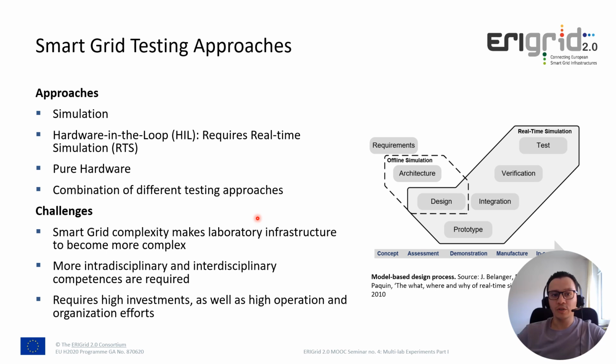Now, as pointed out in the previous slide, smart grid testing imposes several challenges, mainly due to the complexity of the scenarios, which often require intradisciplinary and interdisciplinary competences, in such a way that implementing a relevant scenario would require high investments and efforts in operation and organization.